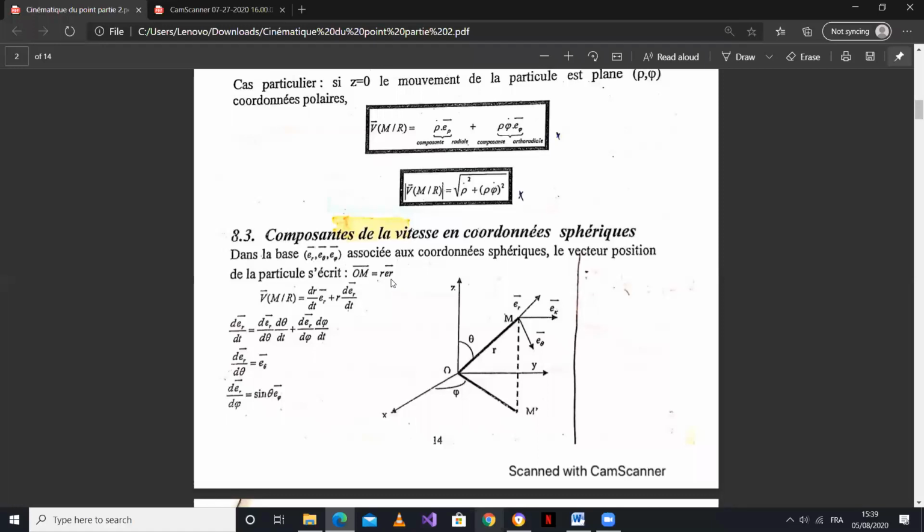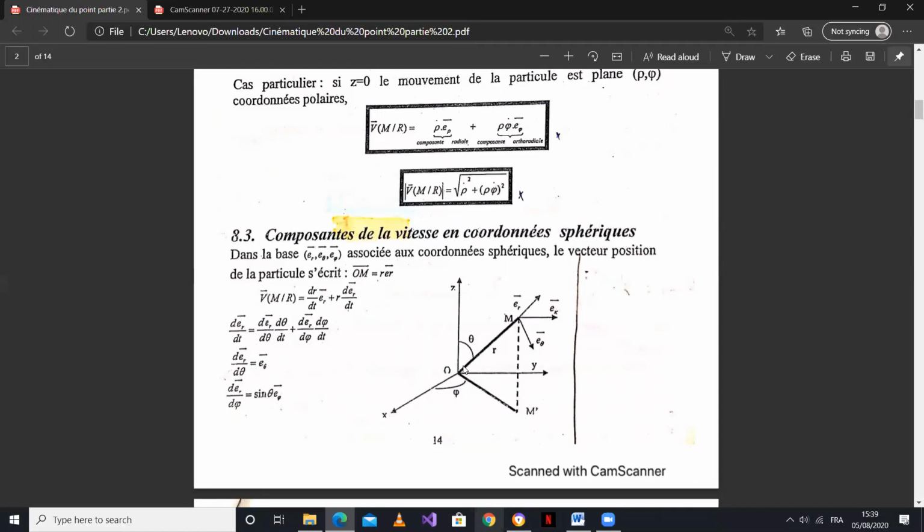So we have OM being equal to R ER, and as usual, we have a product here. So the rule that's going to apply, as you already know, is the product rule. So we're going to have first dR over dt, ER plus R dER over dt. And as usual, R is simply telling us the distance between O and M. It can be anything there.